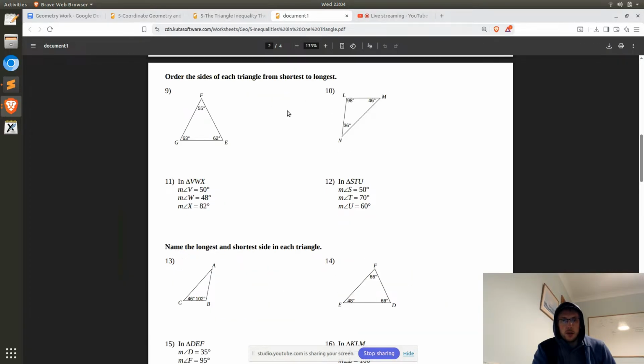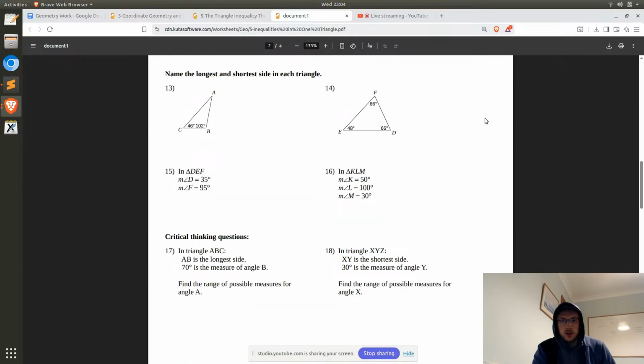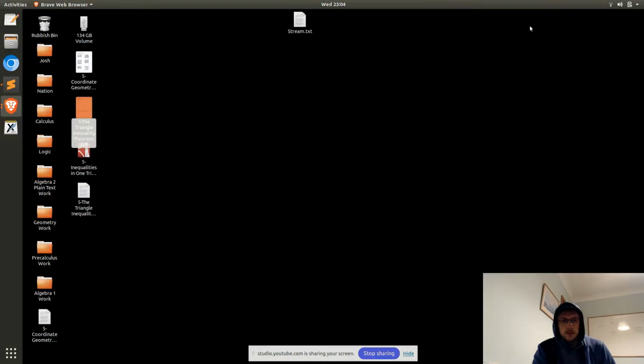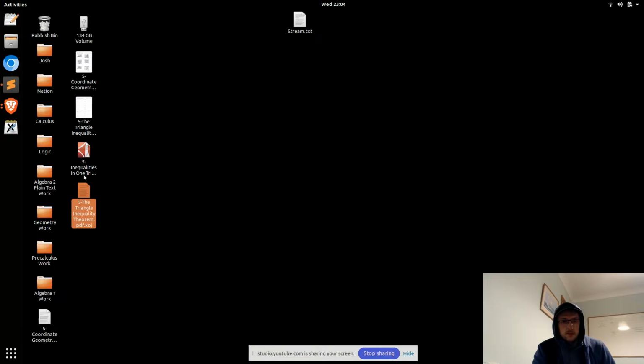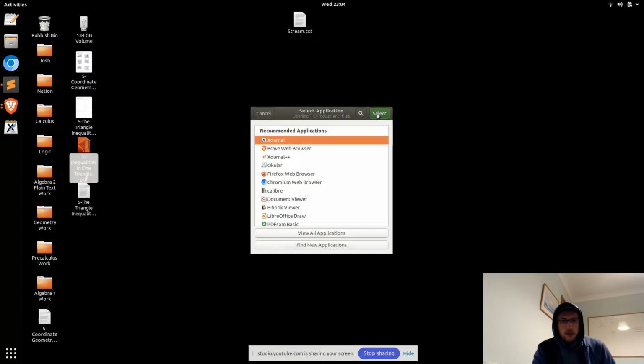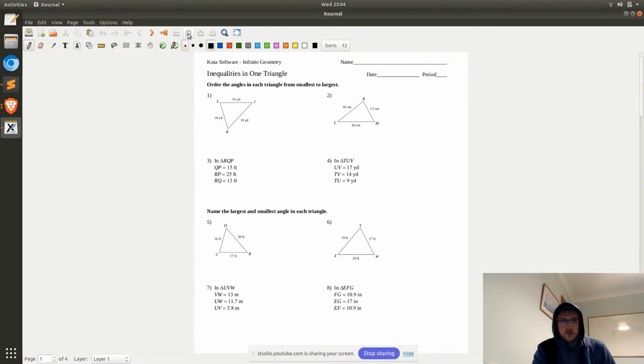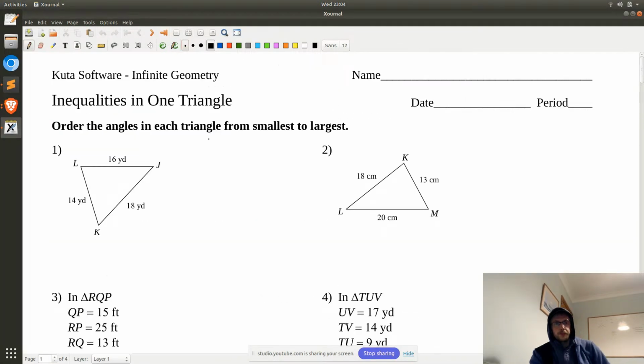And now we will try looking at inequalities in one triangle. Okay, so perhaps placing it there. Order the angles in each triangle from smallest to largest.